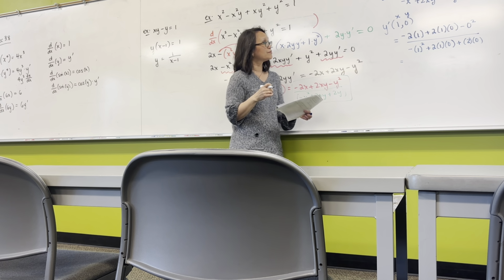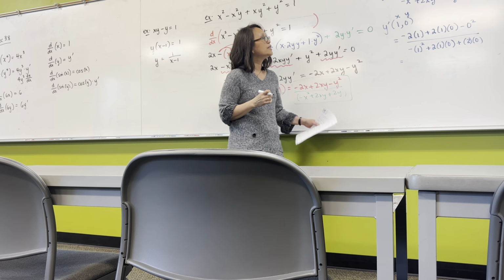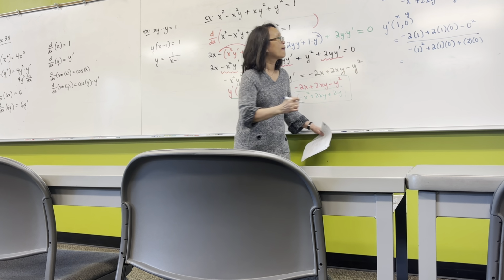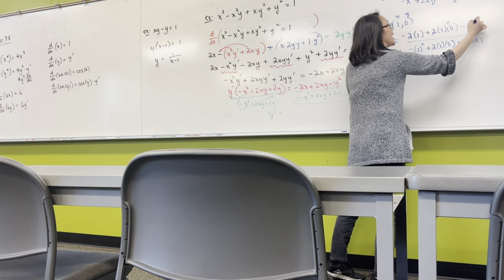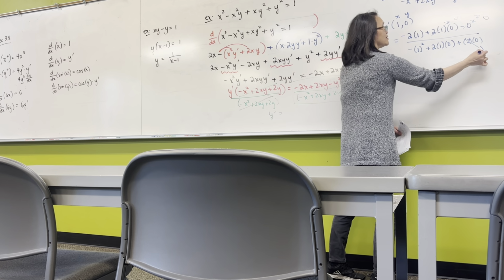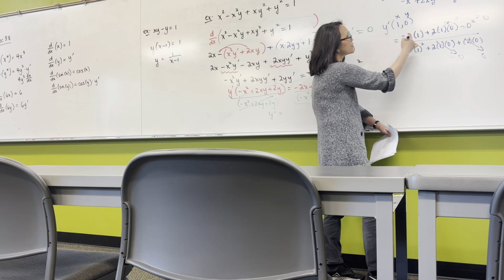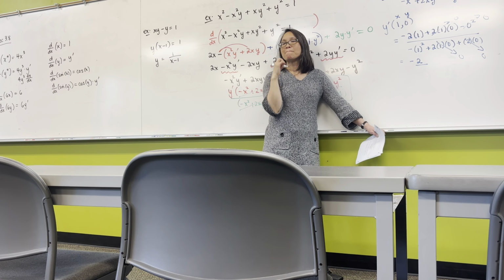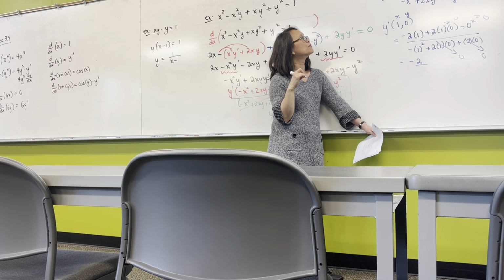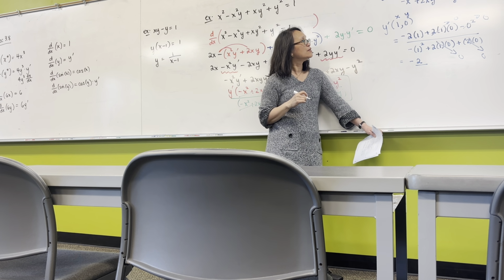What is that going to give us? I got negative 2 over 1. Well, that's 0, that's 0, that's 0, that's 0. The top is a negative 2, what's the bottom? It's 2. The answer is 2.